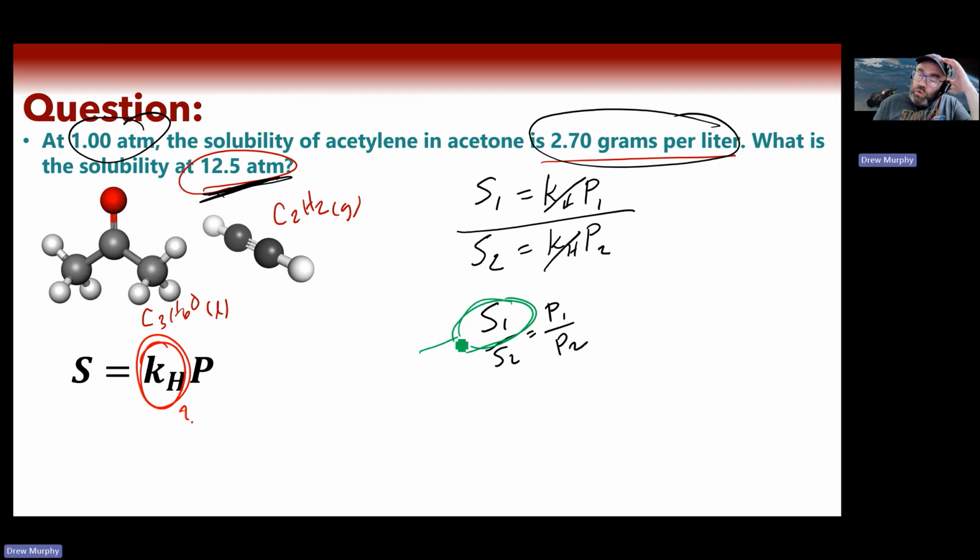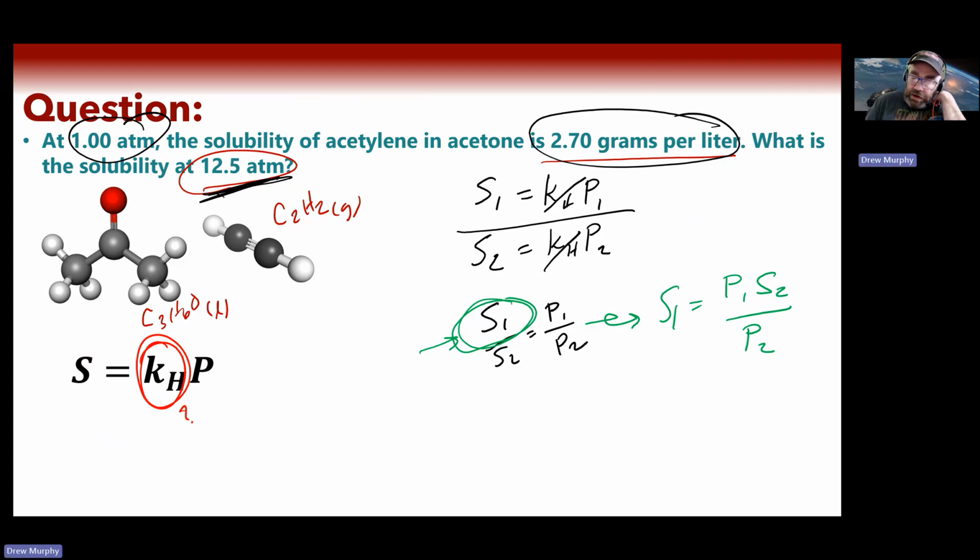And this is what we're going to solve for, okay? So when we do that, we get S1 equals P1 times S2 divided by P2, okay? So S2 and P2 are the things that we know, and P1 is the pressure that goes with what we don't know, okay?